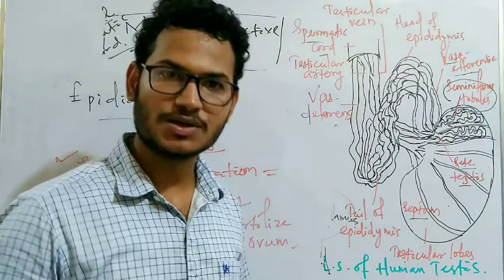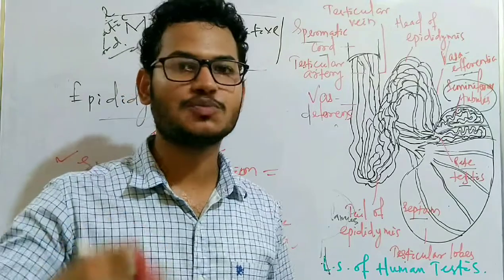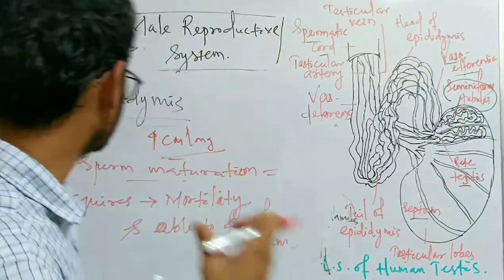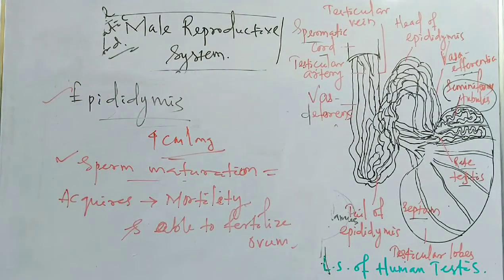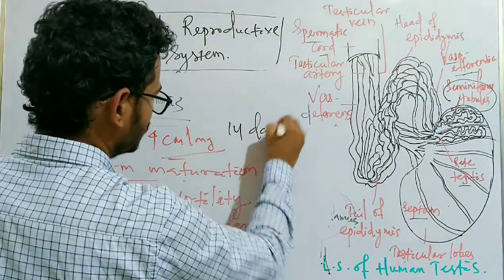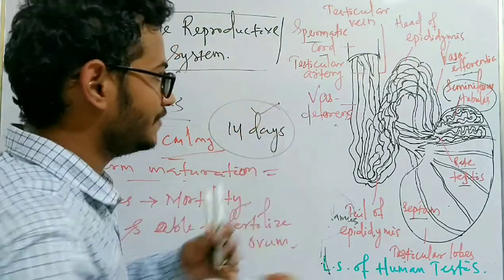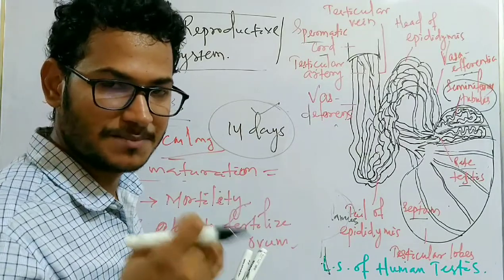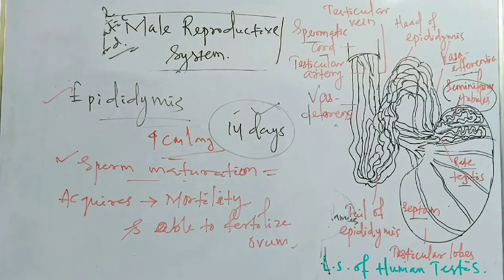When it gets mature, it becomes motile, and the ability to fertilize the ovum to form the zygote comes in the epididymis. So it has an important role in this aspect. This occurs over a period of about 40 days. It needs about 40 days for the newly manufactured sperm to become mature.